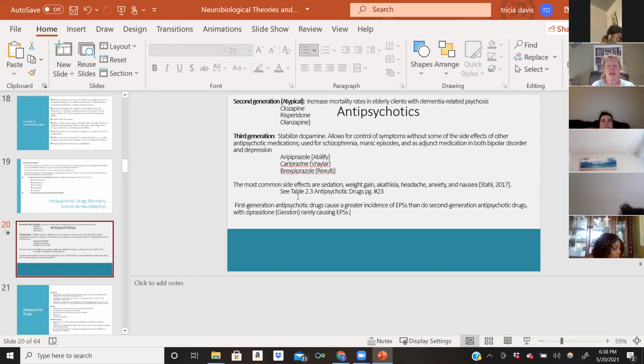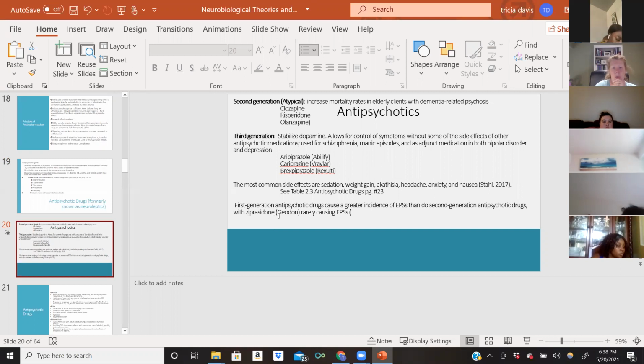So the most common side effects that we see with these medications are sedation, weight gain, headache, anxiety, and nausea. You can look on page 23 of your VitaBac book. It'll talk all about these common side effects. And remember we said those first generation antipsychotic drugs have a greater incidence of those extrapyramidal side effects, EPSs, than the second generation.